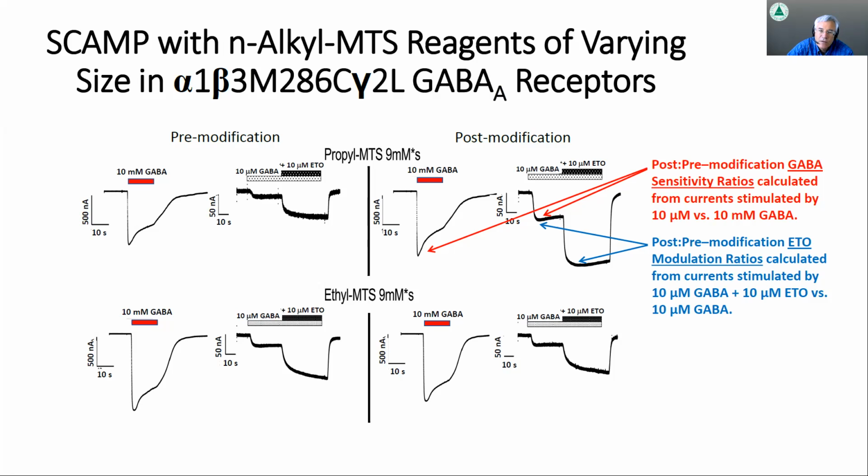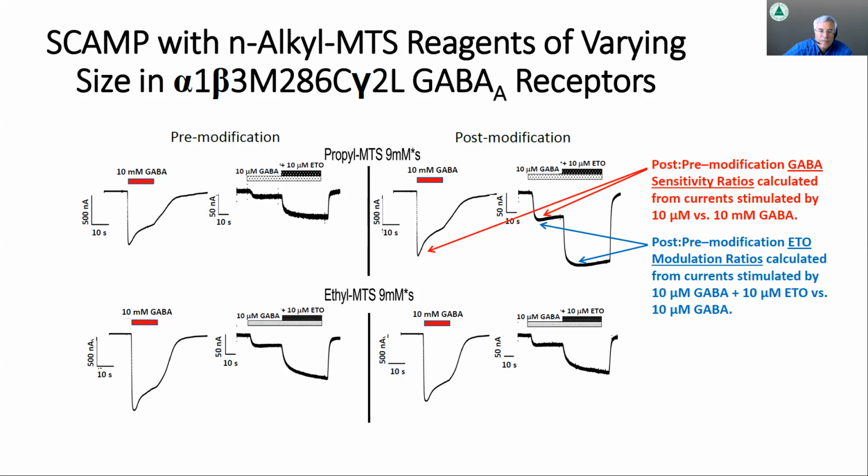The second is reduced modulation by etomidate, since we assume that there's going to be steric interaction between the side chain and etomidate at this point. And the third is that if etomidate were bound before the Alkyl-MTS exposure, it should significantly inhibit the effects of that exposure.